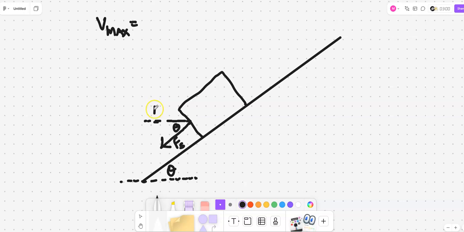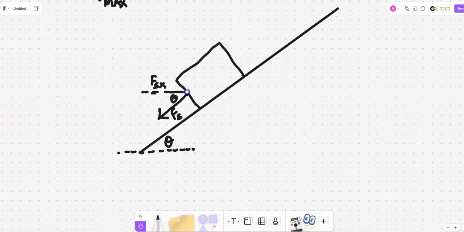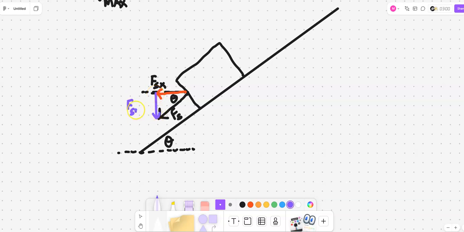This will be the force static in the x direction, going to the left, and that should be red. That'll be force static in the x direction, and simultaneously it will be pulling down, force static in the y direction. Okay, what does that mean?